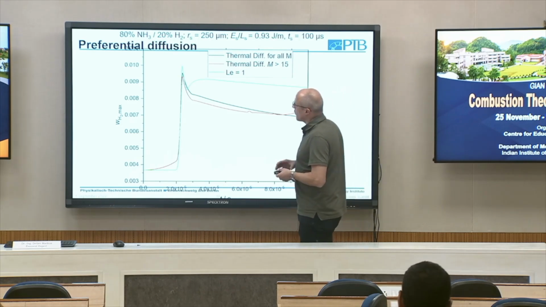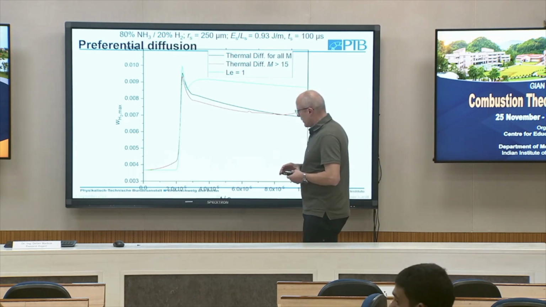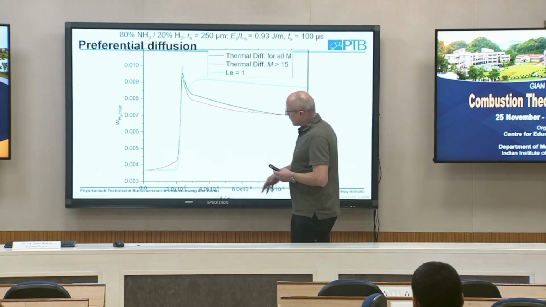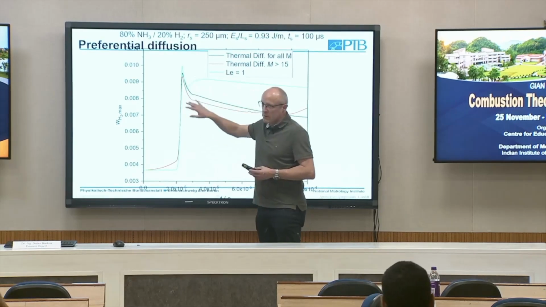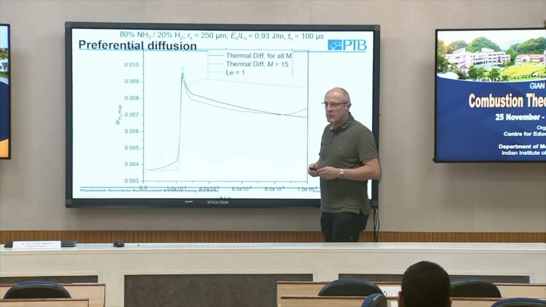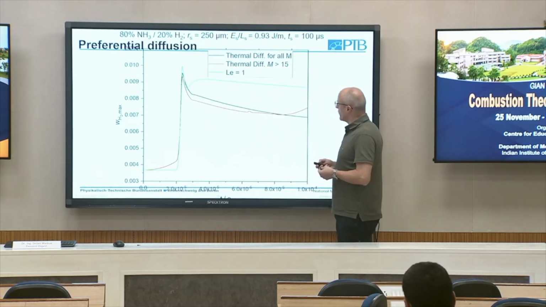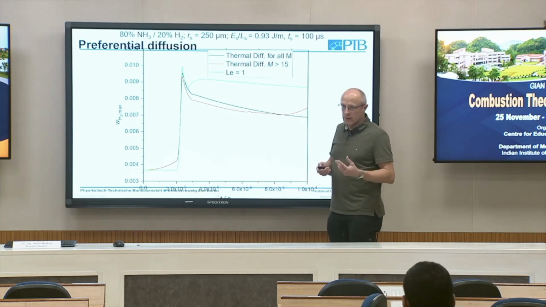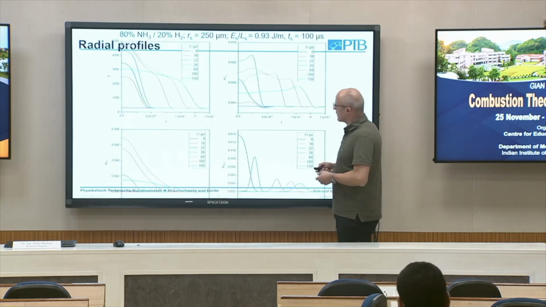We see here the maximum amount of hydrogen in our system, but the ignition takes place more or less at the same time. So this has no influence on the ignition process itself, or no significant influence.